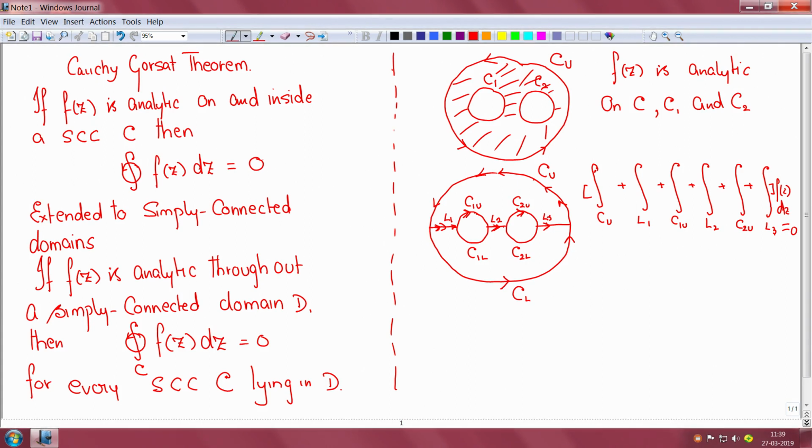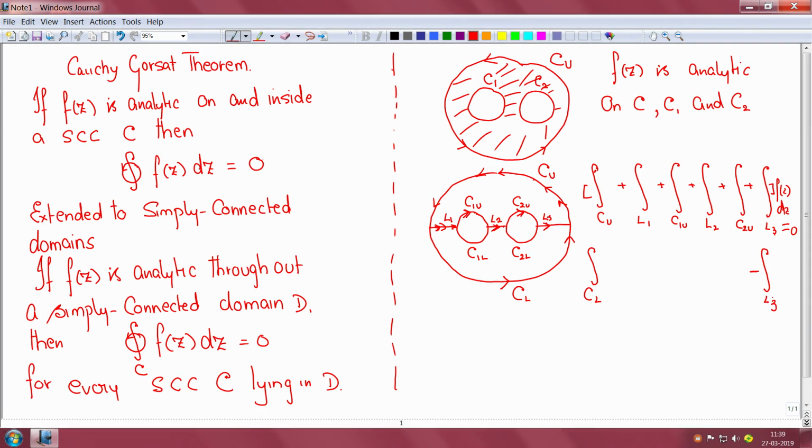Similarly, for the lower side, I take the integral over C lower, then I have L3 but in the opposite direction, so I take minus L3.